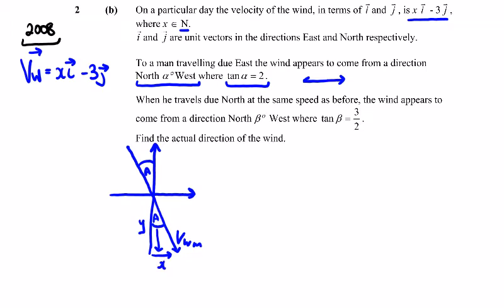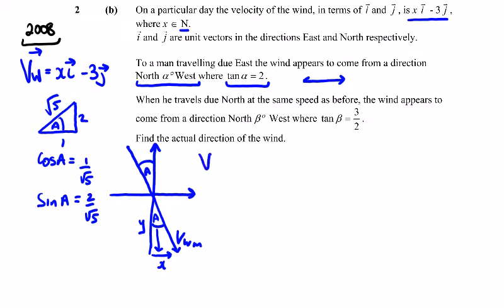So setting up the velocity of the wind relative to the man, tan a is equal to 2, so let's put a in. 2 over 1, opposite over adjacent, root 5. So cos a is going to be equal to 1 over root 5, and sine a is 2 over root 5.